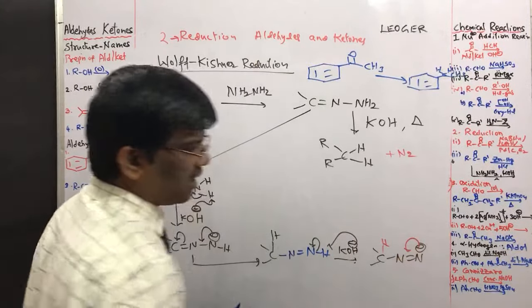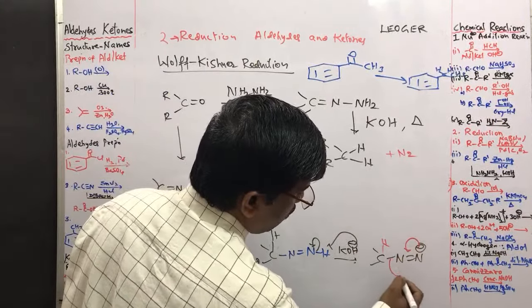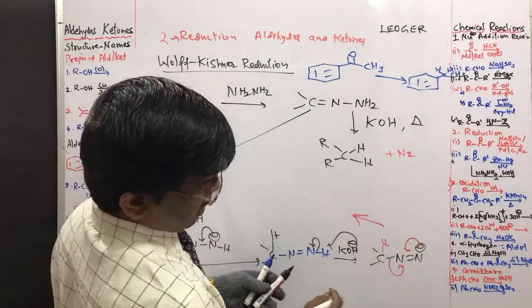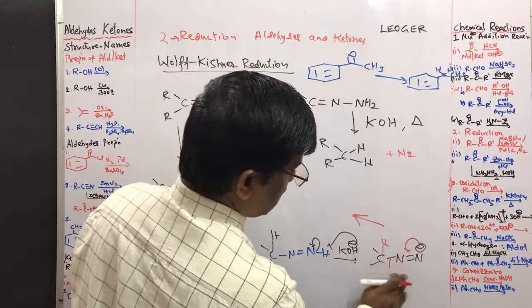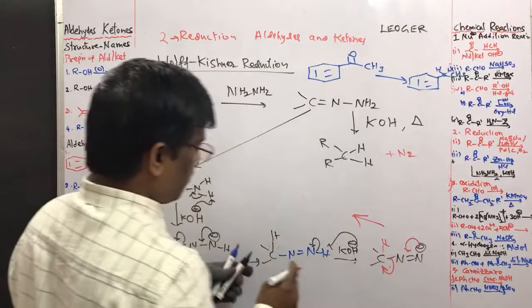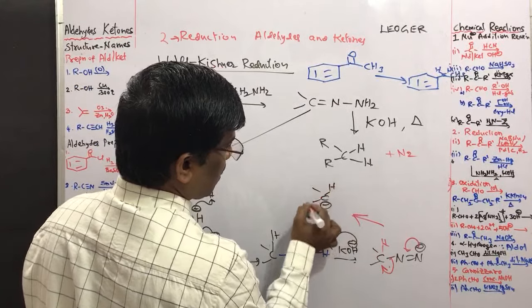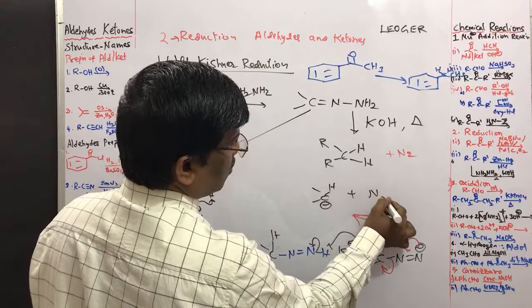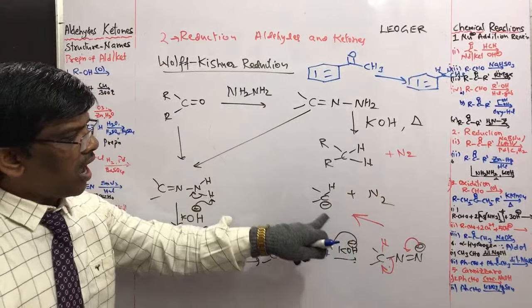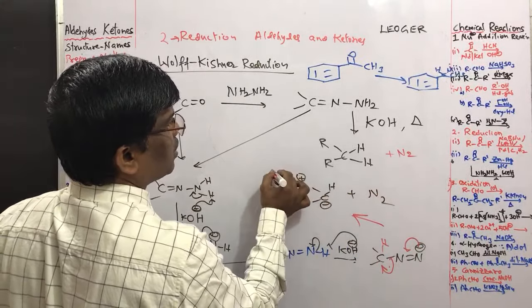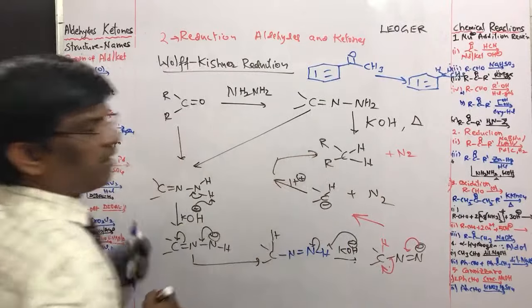When it comes here, this bond is going to be taken up by this carbon to give a carbanion, plus nitrogen goes out. This carbanion takes up a proton which is there in the reaction mixture to give this alkane.